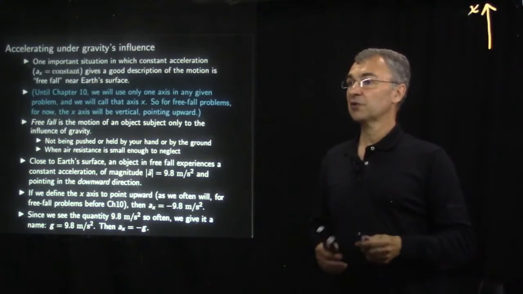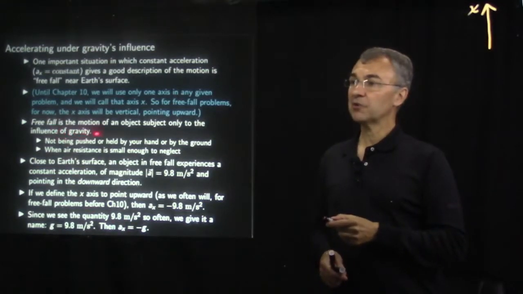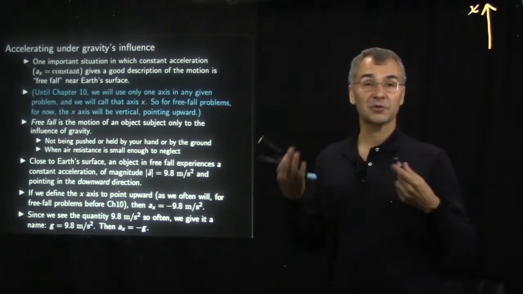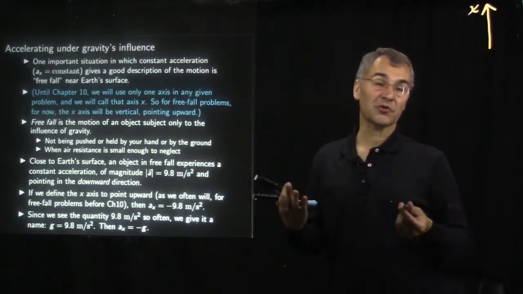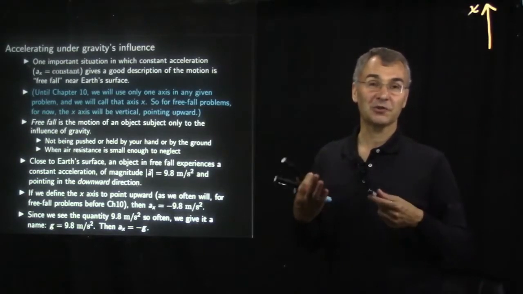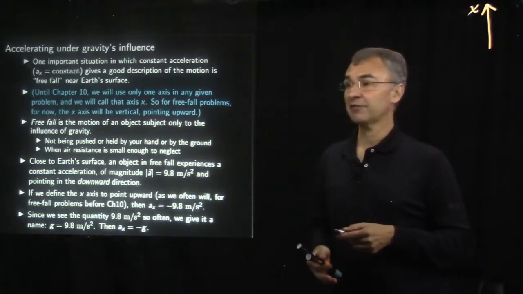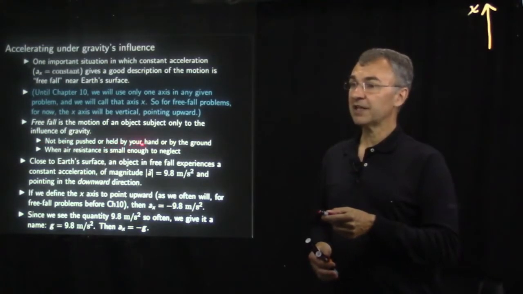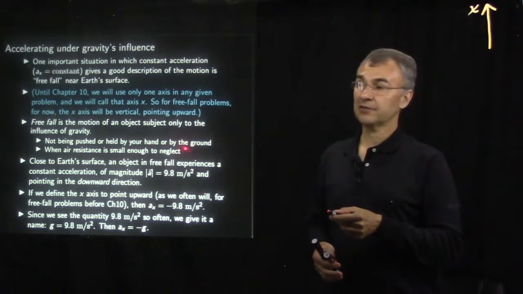Okay, so free fall is the motion of an object subject only to the influence of gravity. No other influence. Later we'll say no other force, but we don't know the word force yet. So subject only to the influence of gravity. That means it's not being pushed or held by your hand or by the ground.